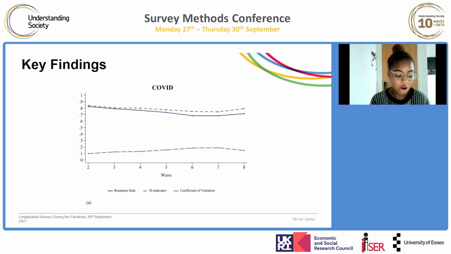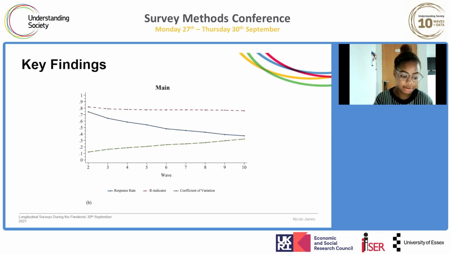And then for the R indicator, higher values indicate strong representativeness. So you can see that it shows strong representativeness in this survey, and for the CV, lower values indicate stronger representativeness. So the R indicator and the CV are showing that the COVID survey is representative.